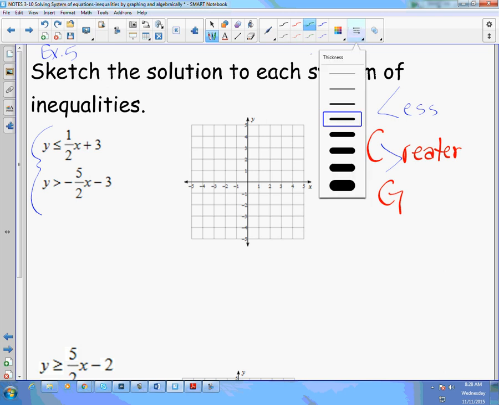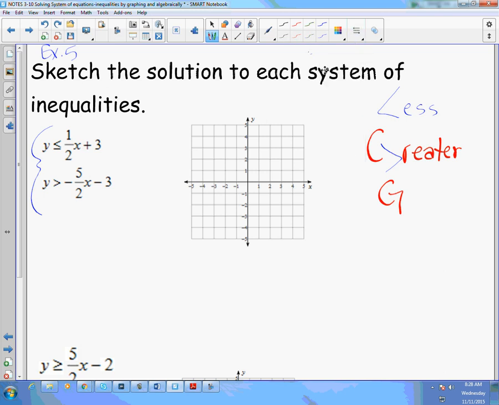Okay, so we have two inequalities. y is less than or equal to this linear function, and y is greater than another linear function. The linear functions are nice because in y equals mx plus b, what are these fractions representing? Rise over run, the slope.